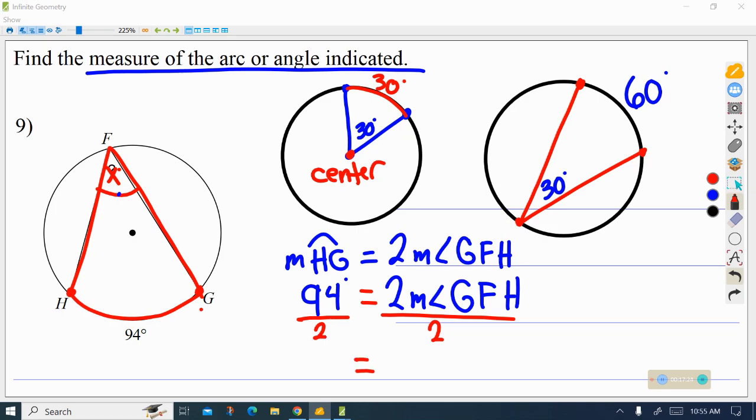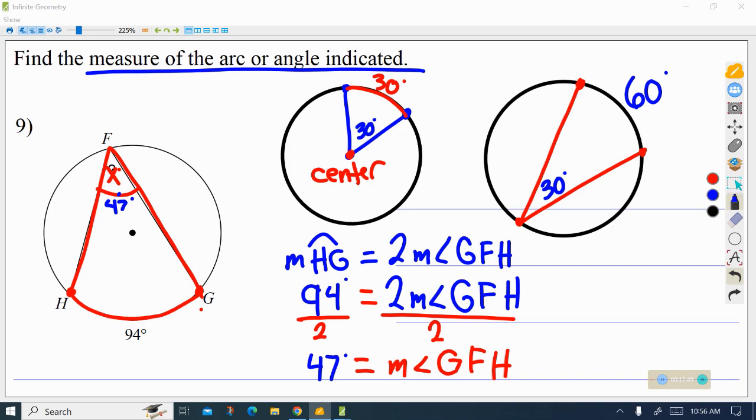This is an example of what I've been explaining to my students as inside is half. GFH is the inside angle. You can see it graphically when you look at the picture. GFH is that X inside. So I have to take half of 94, and what's half of 94? You get 47. So we have 47 degrees for X.